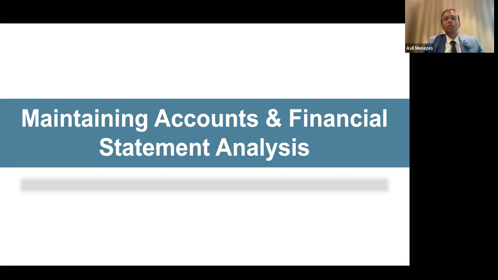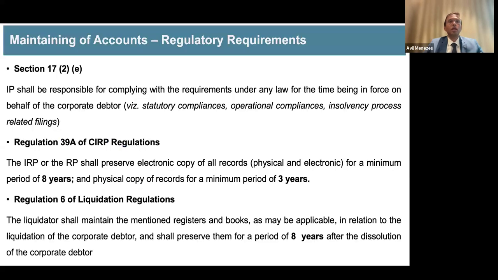So, maintaining accounts and financial statement analysis. As an IP, you're responsible for complying with the requirements under any law for the time being in force on behalf of the corporate debtor, which also includes conducting the audit. So if the audit has not happened for the last 4 years, you can do the audit and get the books audited. That's a part of your compliance responsibility, which has been entrusted to you under the Code.